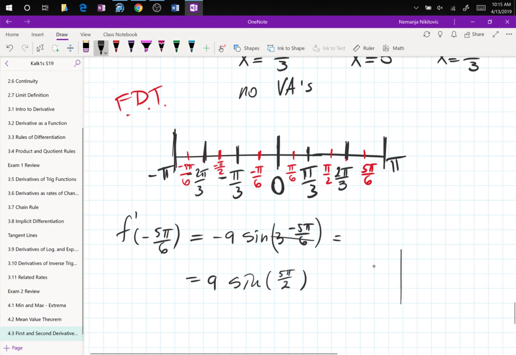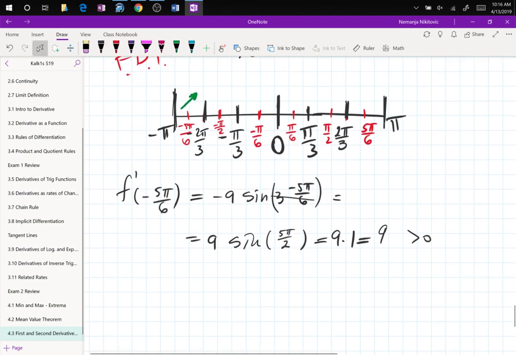And sine of 5 pi over 2 is 1, that's pi over 2 plus a full rotation. So this becomes 9 times 1, which is 9, bigger than 0. So we have an increase on the first shot.